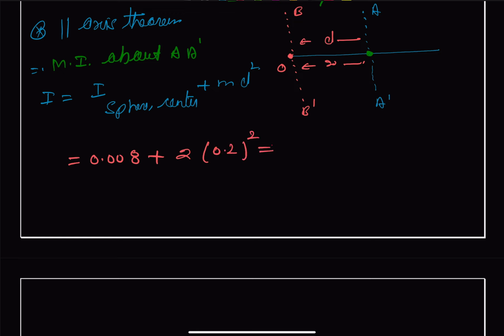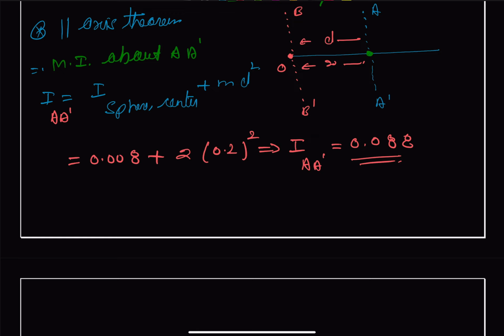So this gives us that the moment of inertia for axis A prime will be equal to 0.088. Now this moment of inertia we found only for one sphere.